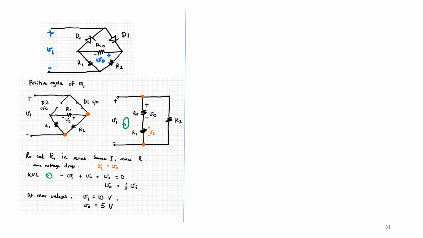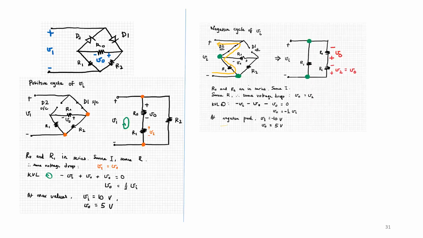Now with the negative cycle, D1 will be open circuit and D2 will be short circuit. When D1 is open circuit, at this middle point between R out and R2, only R out and R2 are connected, which means R out and R2 are in series with each other.